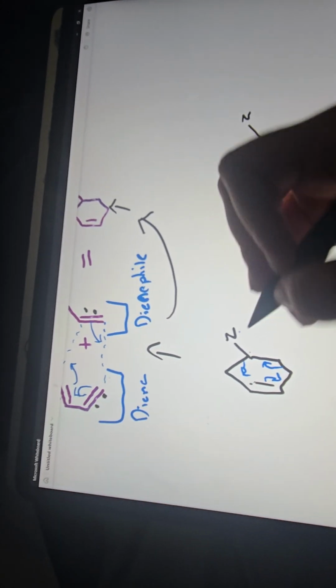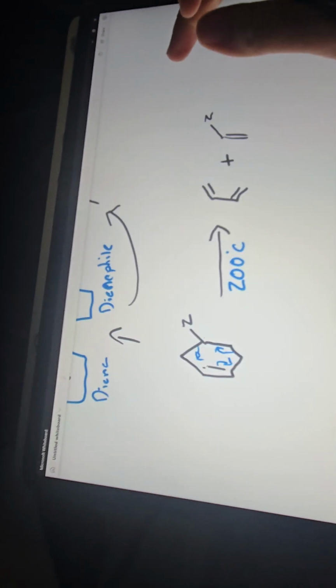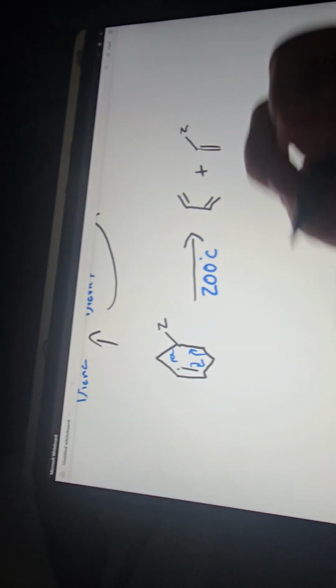Now, as I said, the Z here can be just about any substituent.